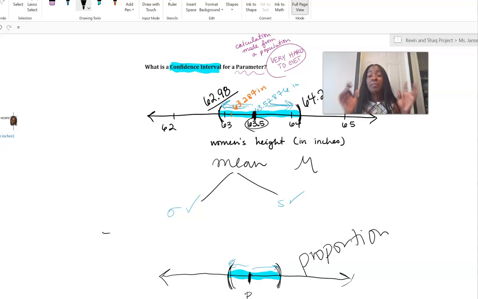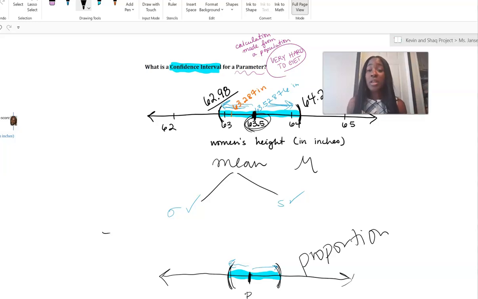But to start at the best place in the middle, to have the best point estimate, to have a very good point estimate, you need to have a very good sample. We talked about the importance of sampling earlier in this course and different techniques that you can use to get your sample. The better sample you have, the better point estimate you have. And one thing that makes a good sample is a large sample.